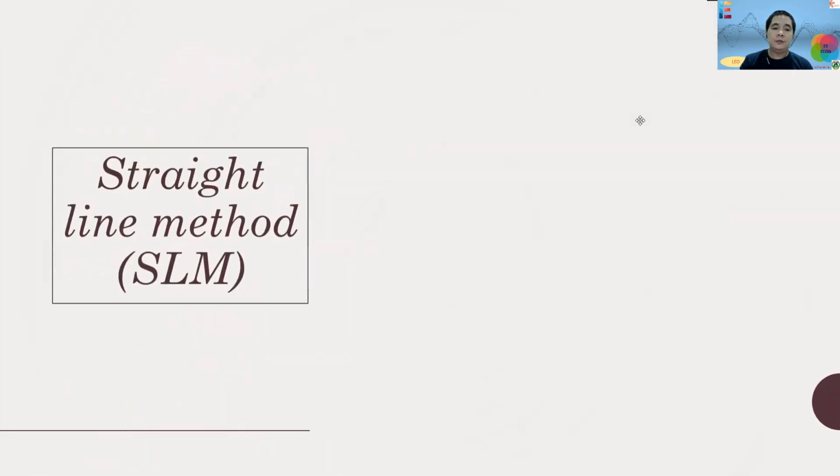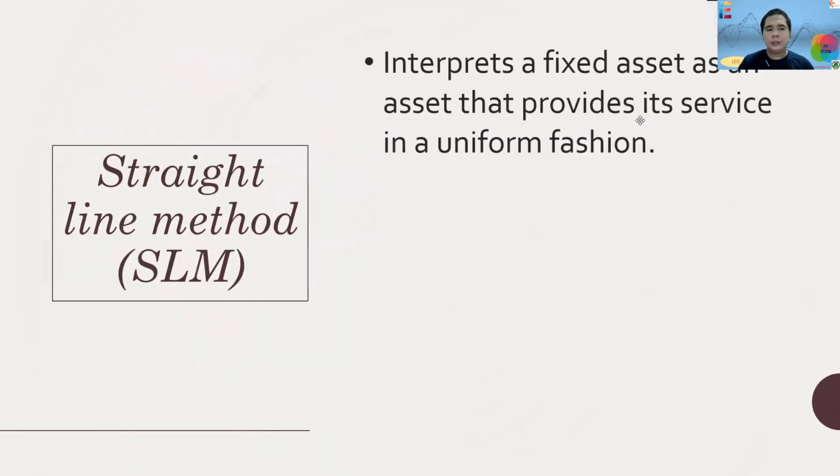So to start off, let's understand what the straight line method of depreciation is. It interprets a fixed asset as an asset that provides its service in a uniform fashion.